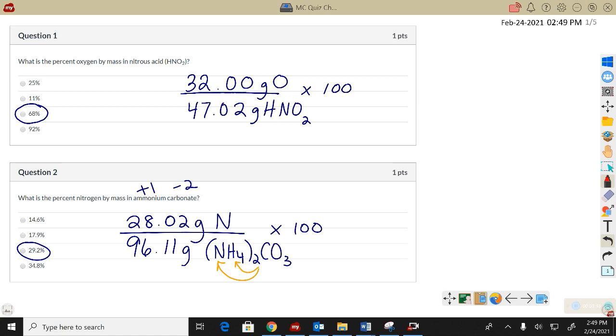So there's really 2 times the mass of nitrogen, which is about 28 grams, divided by the mass of the whole compound, which does include the 2 nitrogen, 8 hydrogen, 1 carbon, and 3 oxygen. And so again, this answer is reasonable. I would assume maybe somewhere around 30% nitrogen by mass.